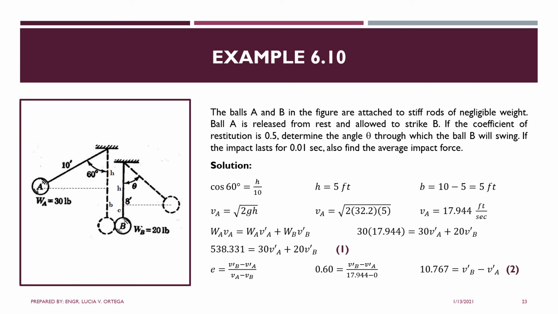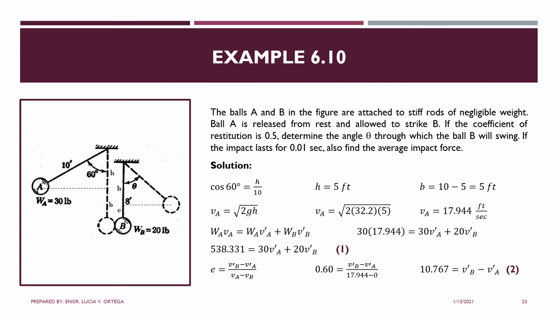The total length of the cord here is 10 feet, and the other one is 8 feet. Considering the first triangle, cosine 60 is h over 10, so h is 5 feet. Therefore b is 10 minus 5, also 5 feet.